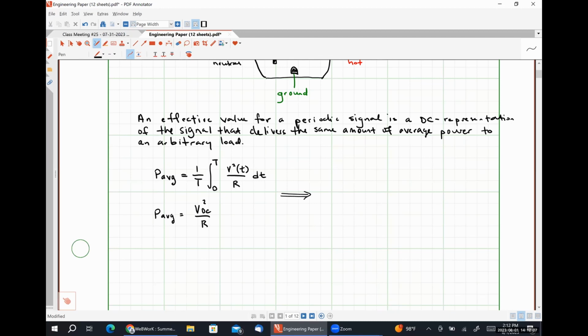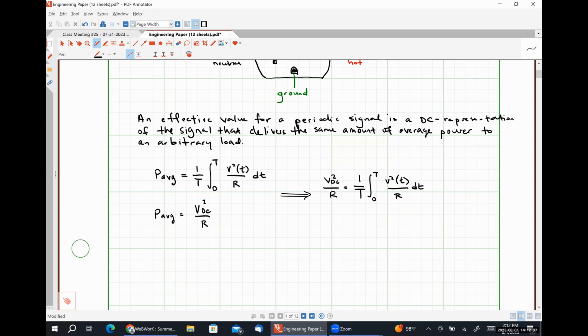Okay, so let's do that over on the right-hand side of the screen here. I'm going to say that VDC squared divided by R, my average power in a DC circuit, is equal to 1 over the period times the integral over 1 period of my periodic voltage waveform squared divided by R, and I'm integrating with respect to time. So average power is equal to average power.